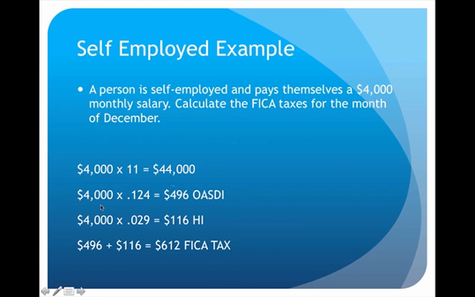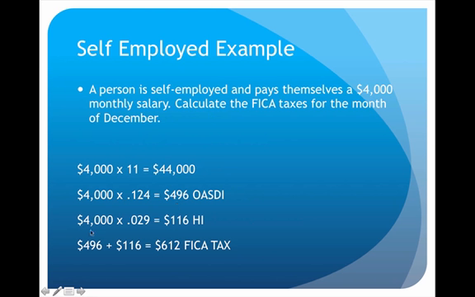So in this case, $4,000, but instead of the 6.2, since this is a self-employed person, remember I have to double that. So I'm actually going to use 12.4%, and so as a result, they will have $496 withheld for OASDI.